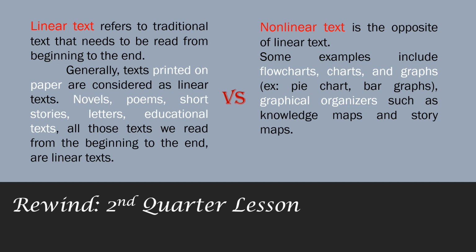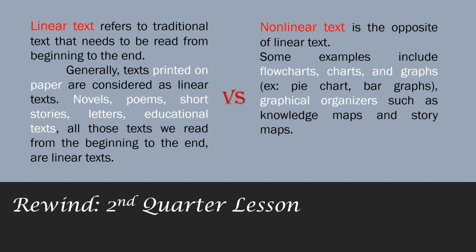Some examples include flowcharts, charts, and graphs. Example, pie chart, bar graphs, graphical organizers such as knowledge maps, and story maps. So, lahat naman ng ginagamitan ng mga shapes. Yung mga circle, rectangle, ang tawag natin doon yung mga graphical organizers. Ito naman yung tinatawag na non-linear text. Bakit?